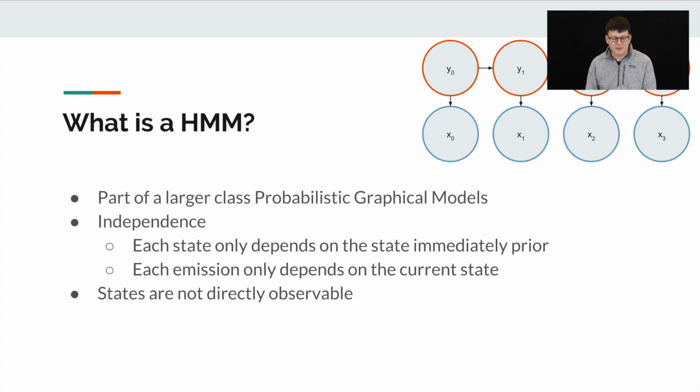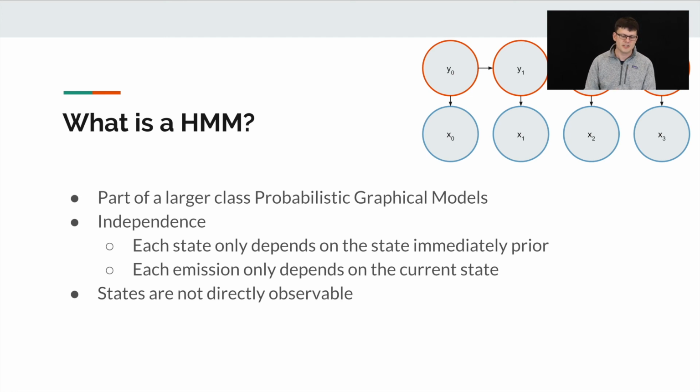Now, is that a reasonable model? Well, it's actually kind of silly on the surface of it, right? You might want lots of information to figure out what Y2 is. You may even want to look at the words X0, X1, X2, and maybe even into the future, X3, to figure out what the right assignment for Y2 is. But hidden Markov models say, that's all way too complicated, the math gets too hard, it's too tough to model. We're going to make these simplifying assumptions.